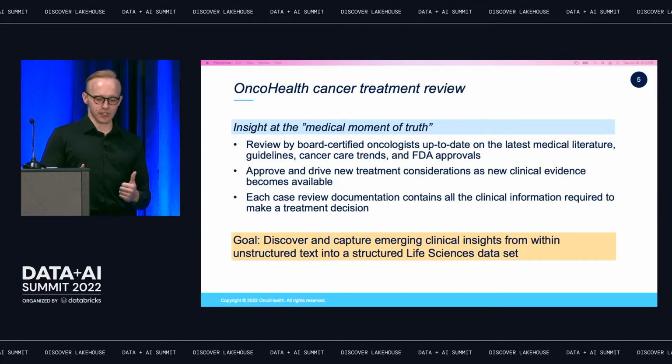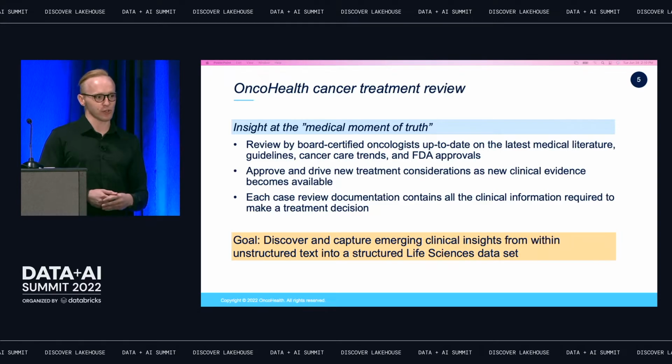We see this immediately within our data as oncologists submit supporting data for the treatment choice. This genetic factor has become important, and we want a quick pipeline to take that important clinical consideration and capture it in a structured way.